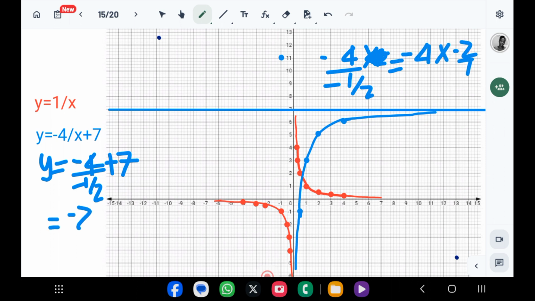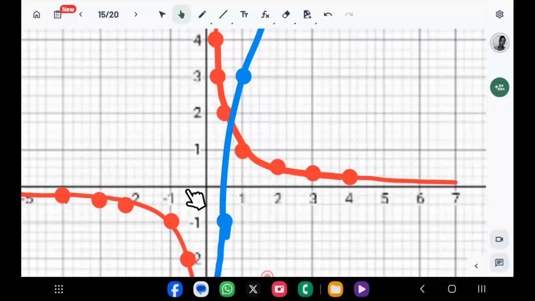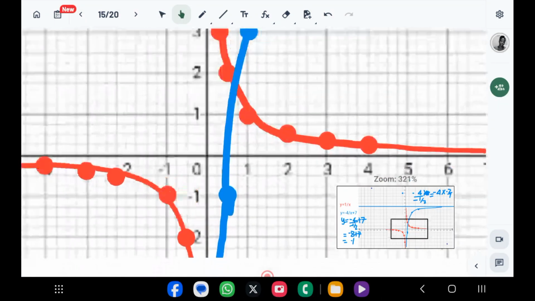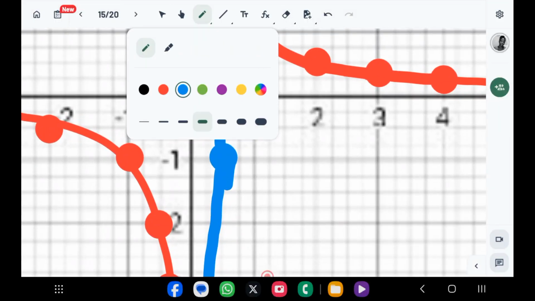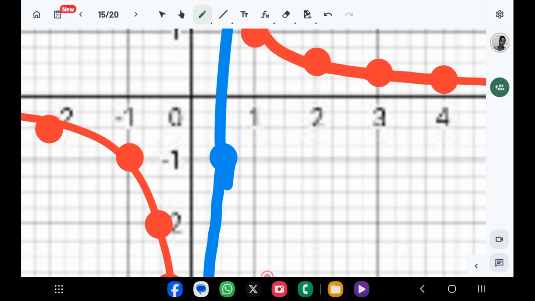So that's 8 plus 7, which gives us... y equals to negative 1. When x equals to negative half, y equals to negative 1. Negative half and negative 1, that's where it tails off.